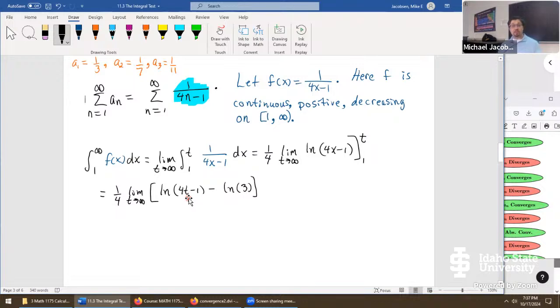Is it finite, or does it blow up to infinity? It does, good call.